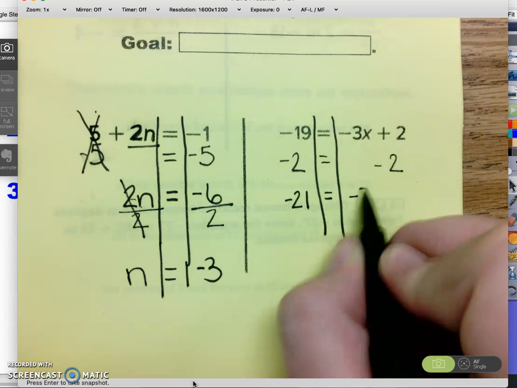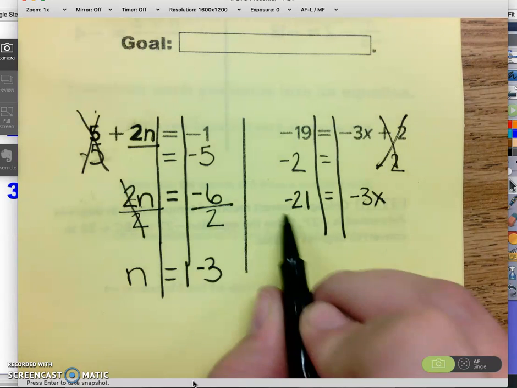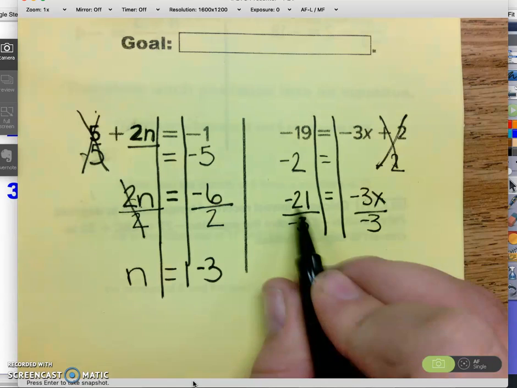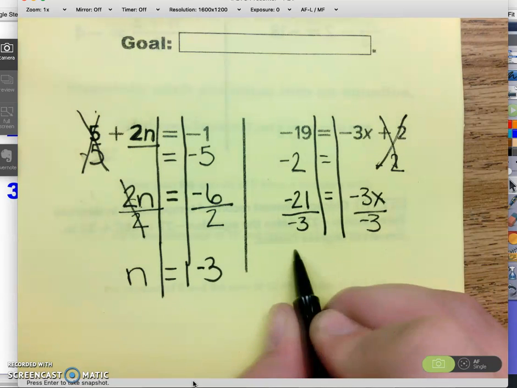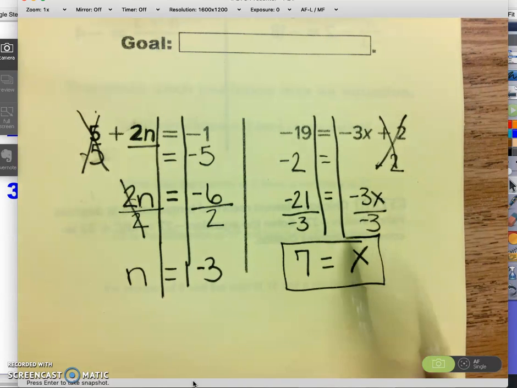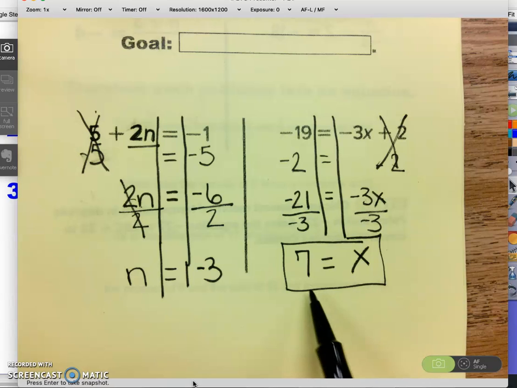I have a -3x left because this goes away. Divide both sides by -3. Negative divided by a negative is a positive, so +7 equals x. I've isolated my variable, or got it by itself. I know what 1x is equal to, and that is my goal.